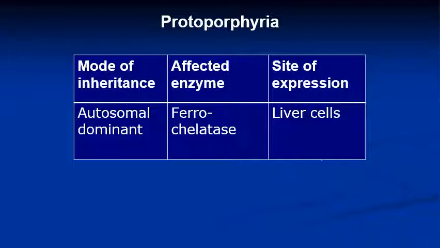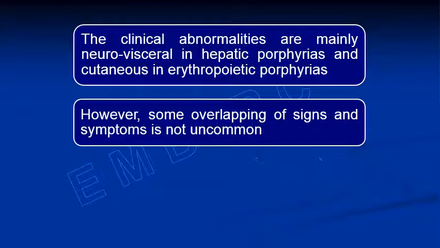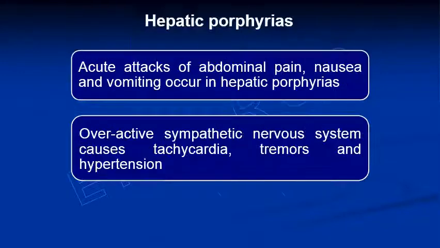Now, in porphyria, the main signs and symptoms include neurovisceral. If it's hepatic porphyria, it will mainly include neurovisceral symptoms. In cases of erythropoietic porphyrias, it will mainly involve cutaneous, meaning skin. But there can be overlapping of symptoms between these two types. Usually hepatic porphyria patients will have acute attacks of abdominal pain, nausea, vomiting.